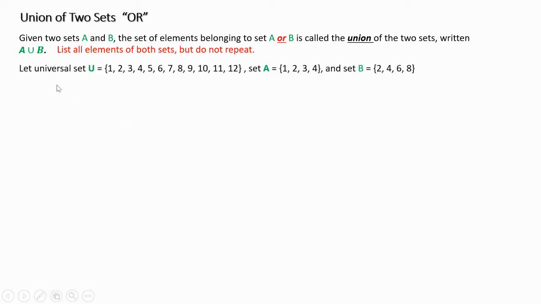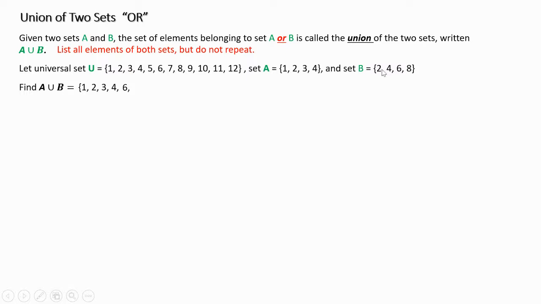For example, it's the same set A, which is 1, 2, 3, 4, and set B is 2, 4, 6, 8. To find A or B, or A union B, I started with set A, which is 1, 2, 3, 4. Then I go to set B. Is 2 already there?